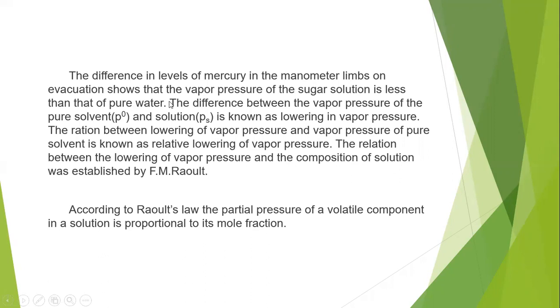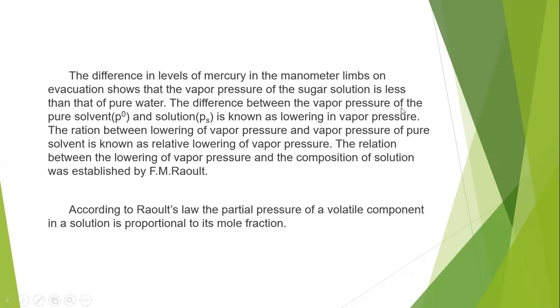If we observe the levels in the manometer, one limb has water and the other has a sugar solution. The difference in the levels of mercury indicates that the vapor pressure of the sugar solution is decreased. That means it is less compared to the pure water.